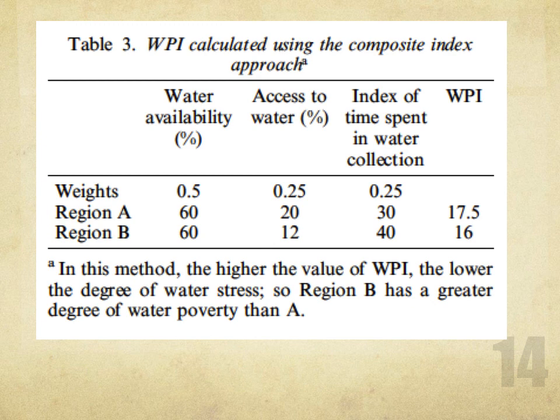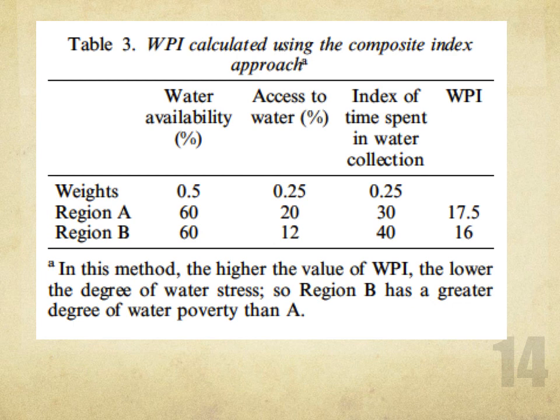In this slide, similarly, the water poverty index has been calculated for region B as well, where the values for S and T are different than region A, and thus as per the assigned weights which are constant, obviously for whatever number of countries you choose, the water poverty index comes for region B as 60. Obviously, the water poverty index values show that the higher the value of the WPI, the lower the degree of water stress.